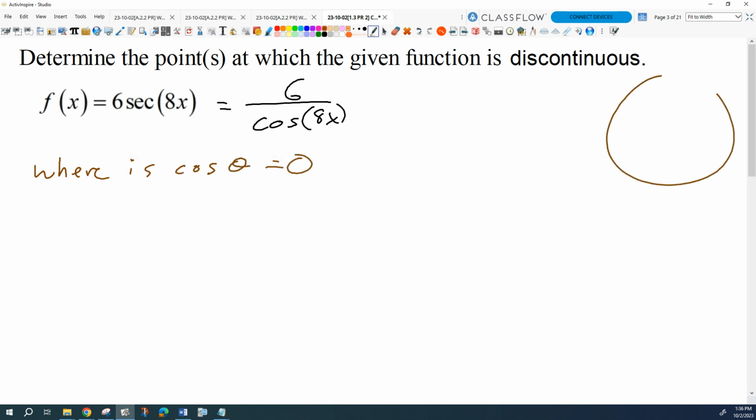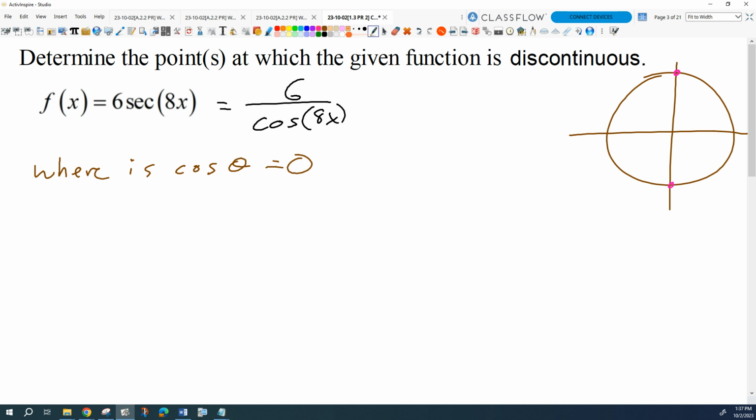And that's a unit circle question. My hint was going to be I was going to draw a unit circle. It always goes back to unit circle, doesn't it? So where is cosine equal to 0 on the unit circle? Okay, here and here, right? Cosine is the x coordinate on the unit circle. X coordinate is 0 at the top and bottom, agreed? So it's going to be at these places, right there and right there, right?